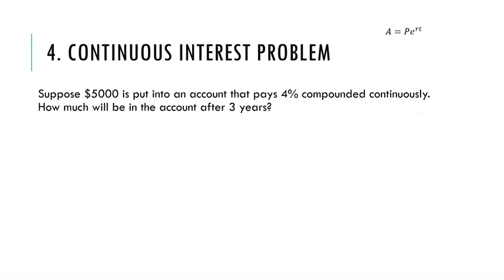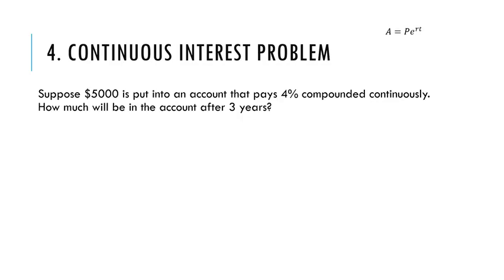Okay, continuous interest problem. Let's do this. Suppose $5,000 is put into your account and pays a rate of 4%. That means, guys, it's going to be 0.04, continuously. How much will the account have in 3 years? Here's the key thing: compounded continuously, so you can use this formula, A equals P e to the rt.